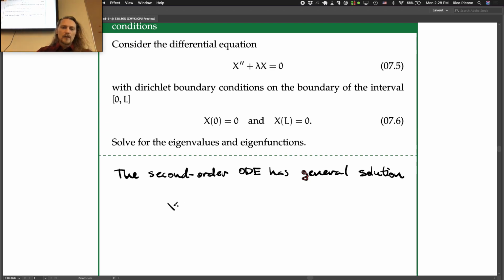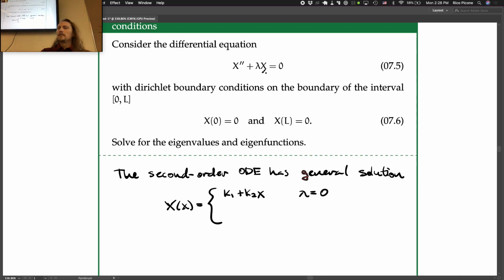That's big X of little x, is equal to, there are two cases, right? So we have k1 and k2 are constants, k1 plus k2 x, which is the case for lambda equal to what? This is when there's a double root, right? So this is lambda equals 0.